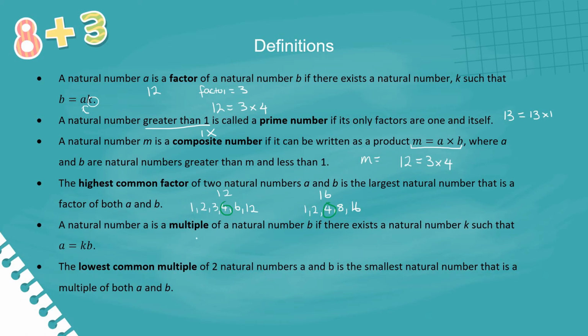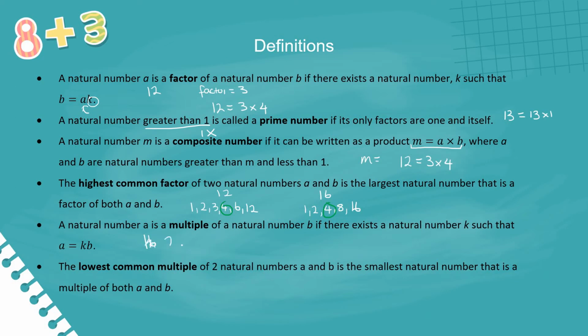A natural number is a multiple if there exists a number that I can multiply something by to get there. So a multiple of 4 is the number 16. 16 is a multiple of 4 because, that's not a good choice.